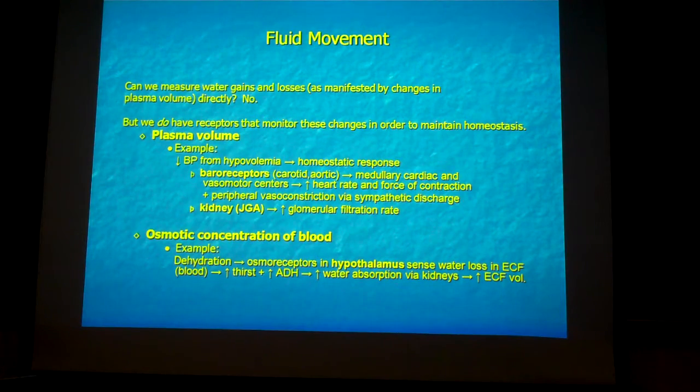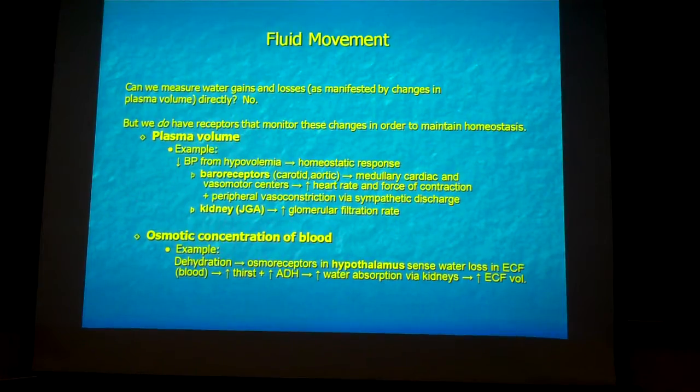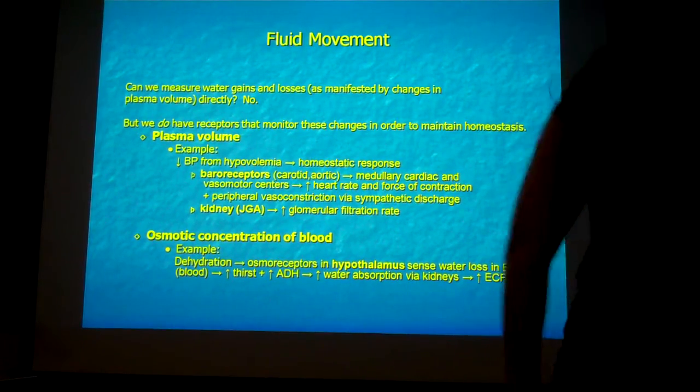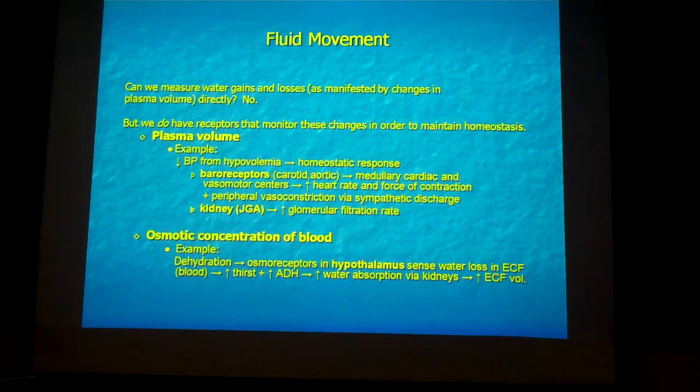When the osmolality of the blood goes up, that means there's a relative deficiency of water in the bloodstream, right? And so when that happens, the hypothalamus triggers the posterior lobe of the pituitary gland to release antidiuretic hormone.